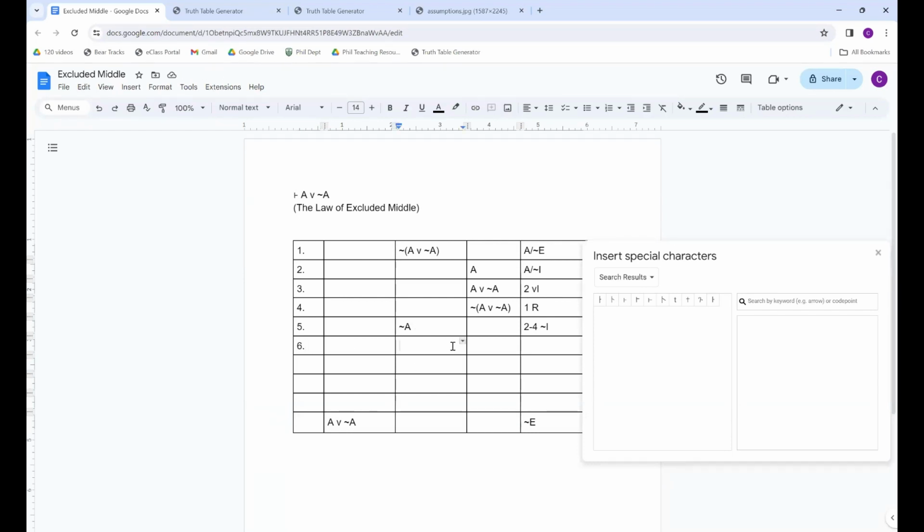Now, if not A is true, we can use or introduction again to get A or not A, 5 or introduction. And then reiterate line 1 again, 1R.